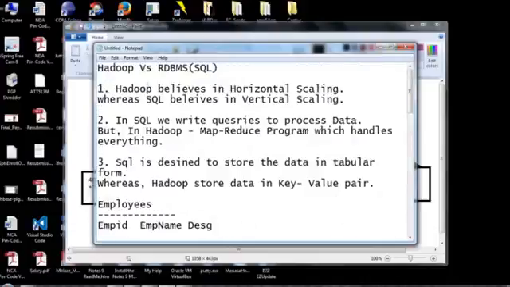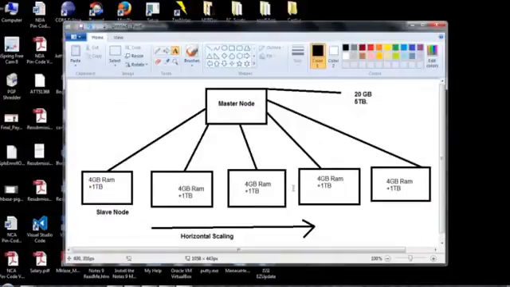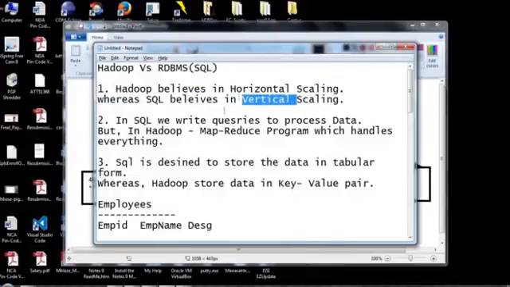Hadoop believes in horizontal scaling, not vertical scaling. That's why we approach horizontal. Why? Because we are dealing with a lot of data. I'm emphasizing this point because we will work on clusters and on nodes. Single-node systems, multi-node systems, a lot of things are there.